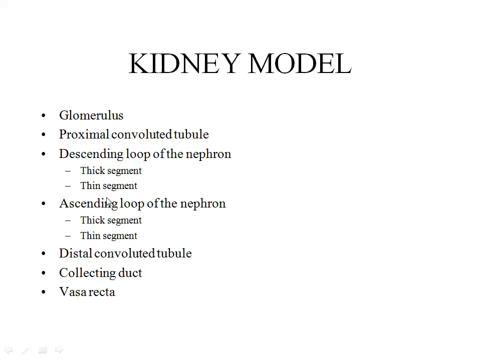Once it gives a hairpin turn, that is what a loop is, and it starts going upwards. So it is now termed the ascending loop. There again you will find these thick segment and thin segment portions. Then these Henle's loops end into another tube with a slightly different histological structure, where cuboidal epithelial cell layers start appearing. That portion is called the distal convoluted tubule.